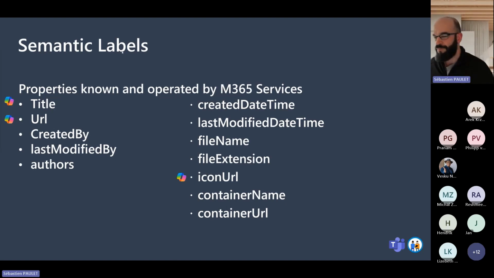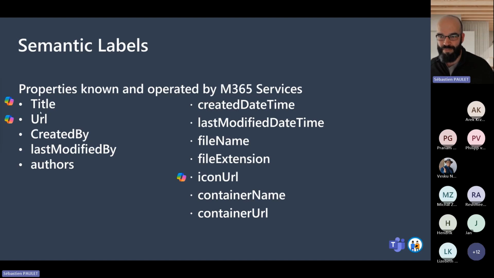Like Microsoft 365 always knows what a title is, always knows what a URL is, for instance. Okay, and the few you see on the left here are very important, and you need to pay close attention to them when you implement a connector, because those on the left are the ones used by the Microsoft search engine to calculate the ranking of your results.